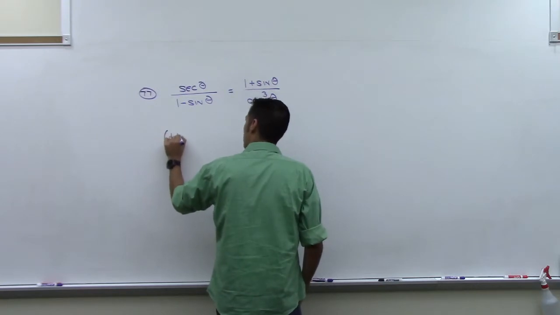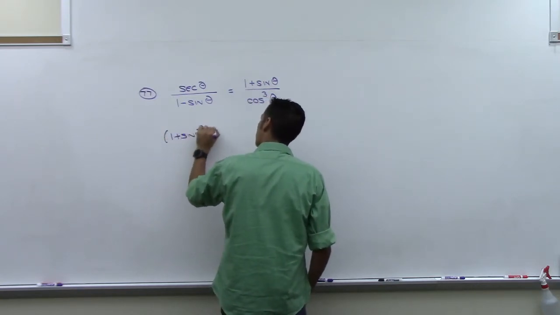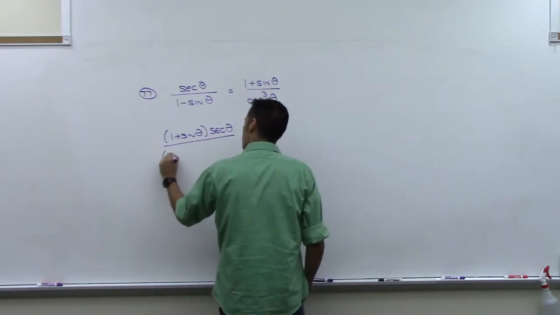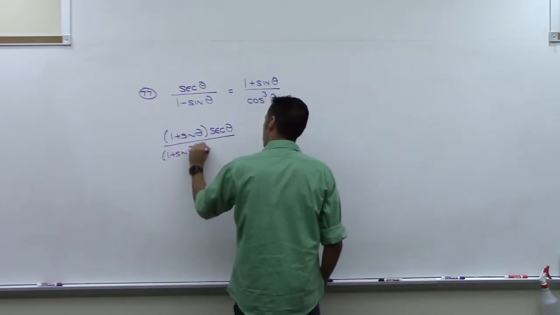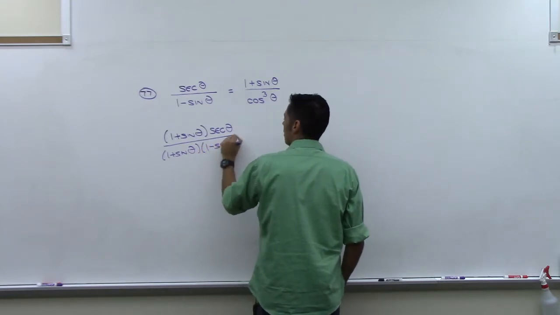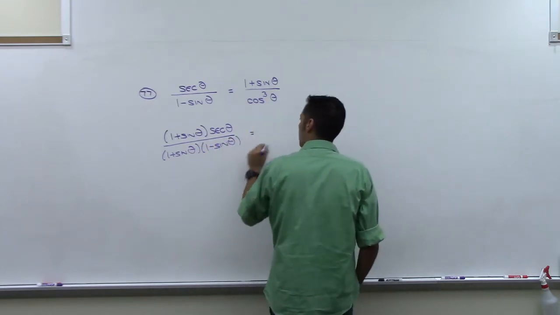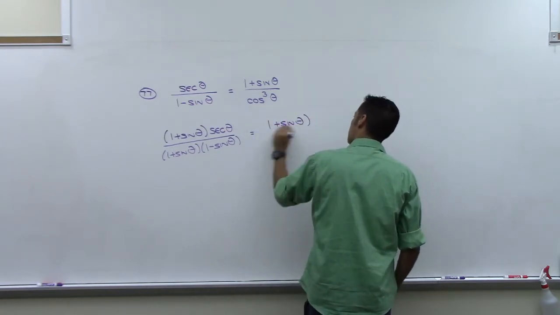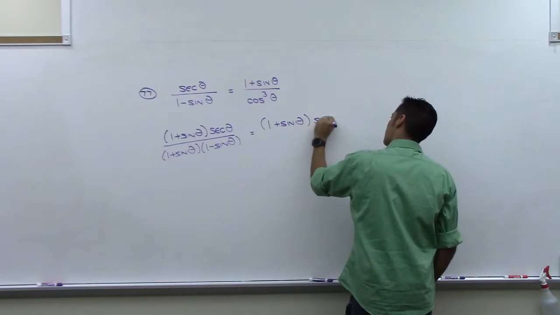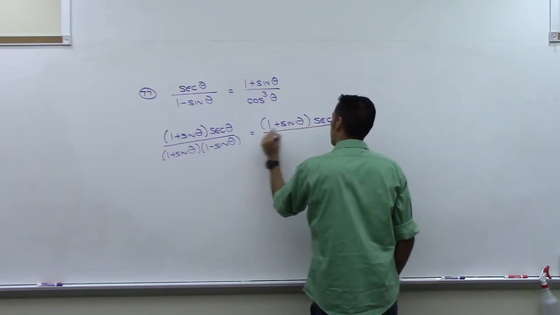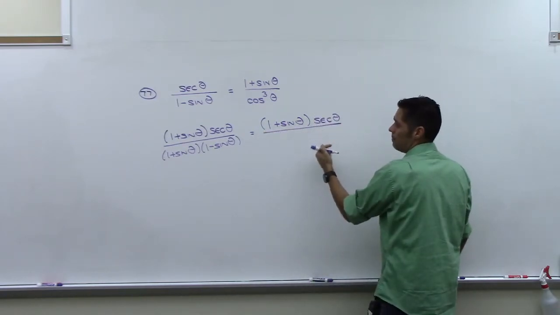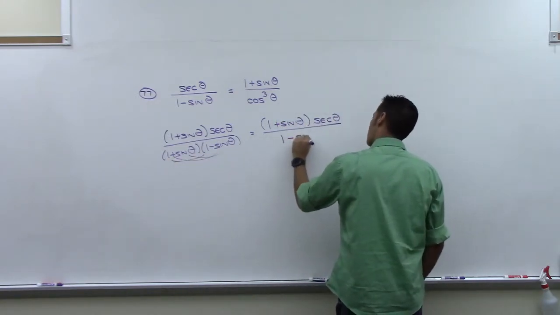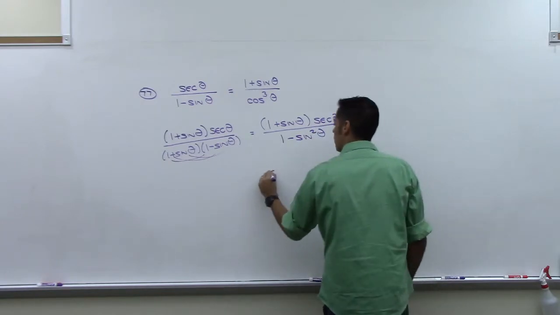I multiply the top by 1 plus sine theta times secant theta, and then over 1 plus sine theta. I'm multiplying that on the top and bottom. There is already a 1 minus sine theta there. So on the top, I'm not going to distribute that. Watch. 1 plus sine theta, I'm going to leave it alone. Secant theta. Now I'm thinking to myself, secant theta is really 1 over cosine, so there's a cosine that's going to drop down here. When I do this thing here, I'm going to get my 1 minus sine squared theta, and that's cosine squared theta.